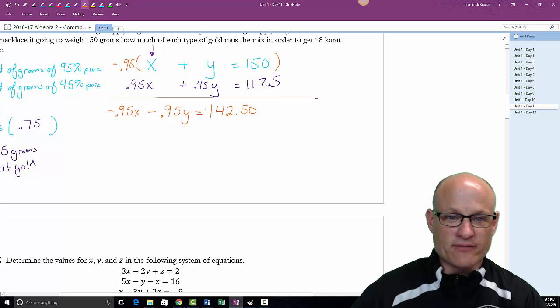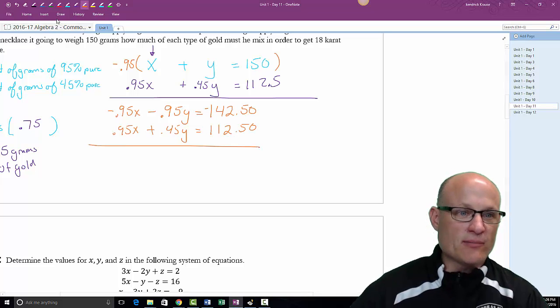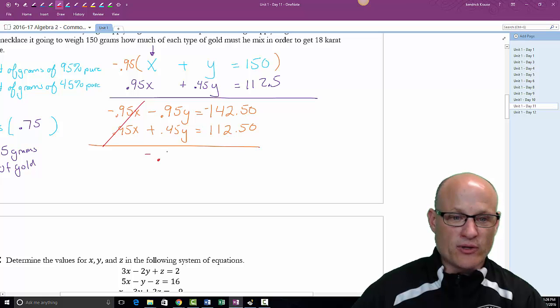Now it's actually negative. And then the bottom is just 0.95x plus 0.45y equals 112.50. These I'm going to add up. These cancel, and I end up with negative 0.50y equals negative 30. Divide by negative 0.5, and I get y equals 60.